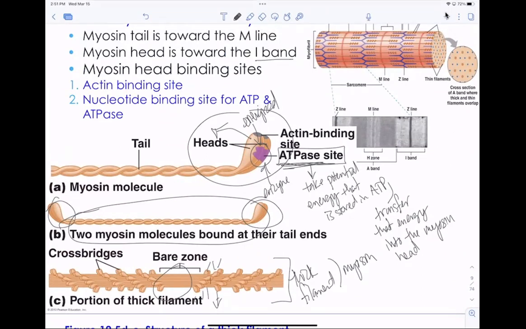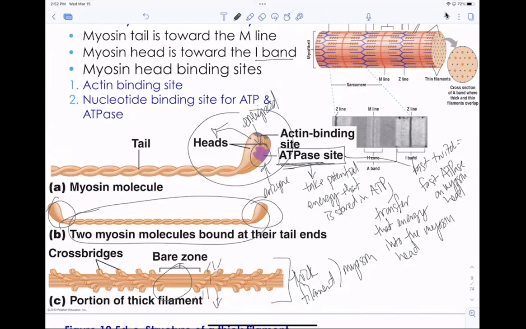So fast twitch equals fast ATPase on myosin head. Fast twitch muscle fibers can have the myosin heads pivot really quick, detach and reattach and pivot quick.